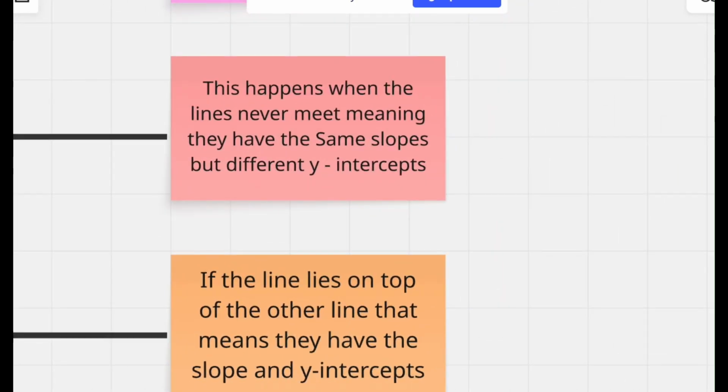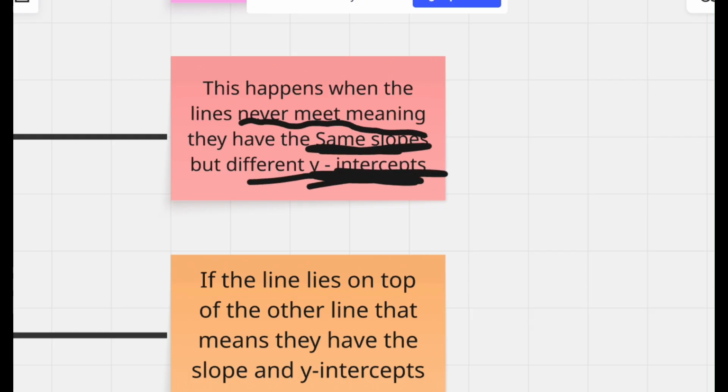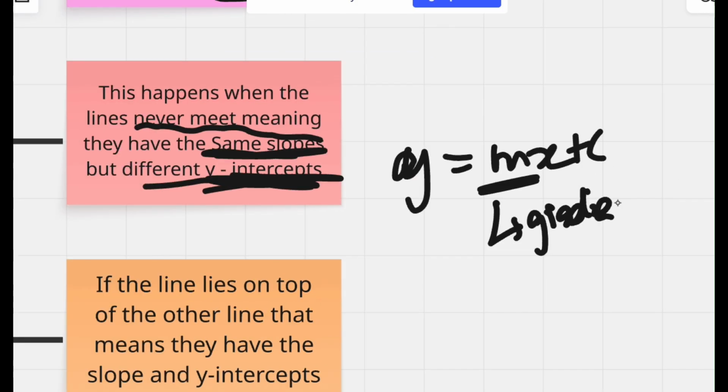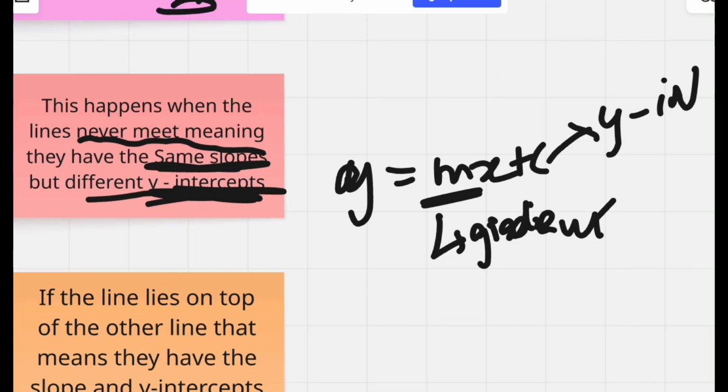No solutions happen when the lines never meet, meaning they have the same slope but different y-intercepts. Remember the form of a line? y equals mx plus c, where m is the gradient or the slope, and c is our y-intercept.